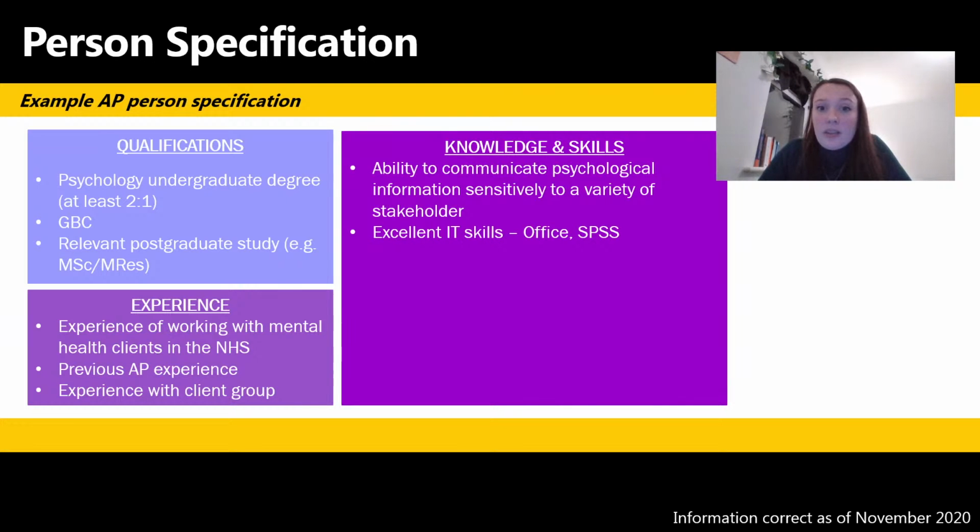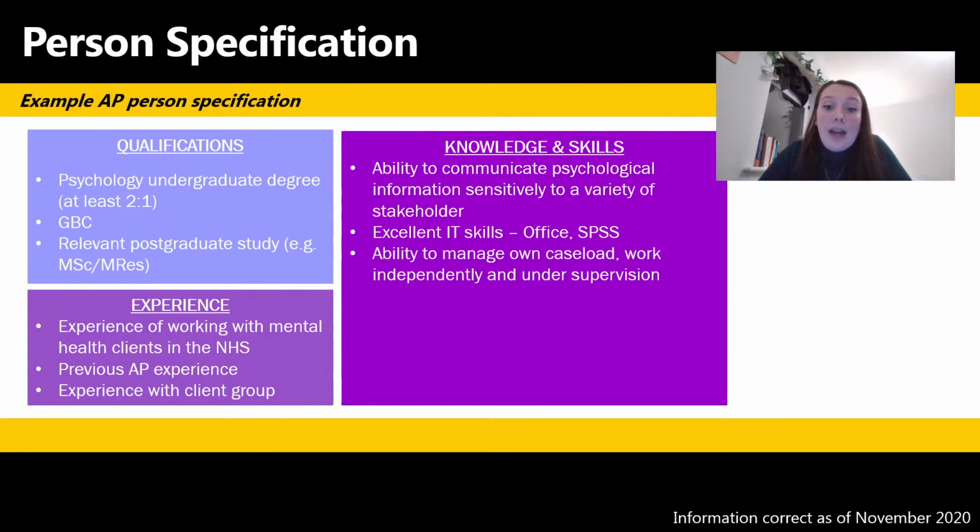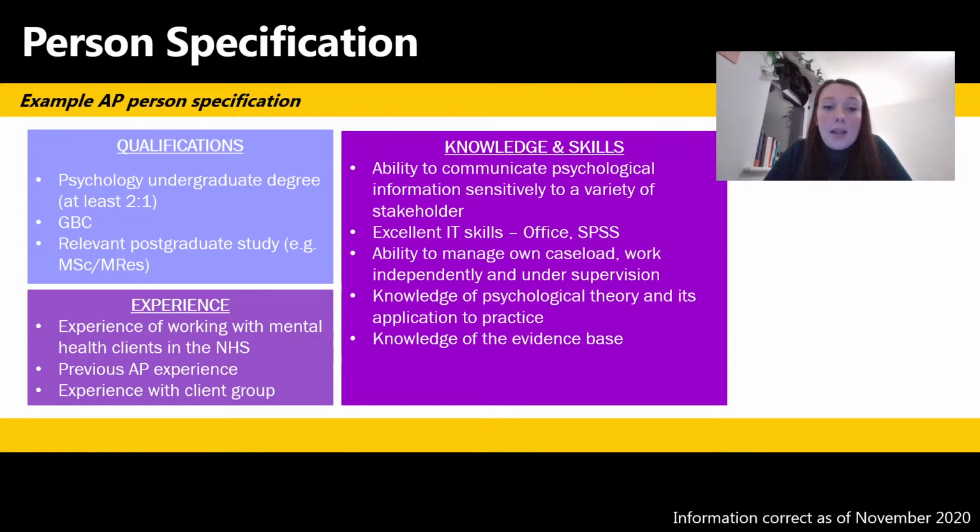Excellent IT skills. I see this on every single application. Office, SPSS, that sort of thing, or Access, or Excel, or any of those sorts of things. Ability to manage your own caseload, and work independently and under supervision. They might want you to have that skill. And they might want you to have knowledge of psychological theory and its application to practice. Knowledge of the evidence base, just some understanding of the evidence base or the guidelines.